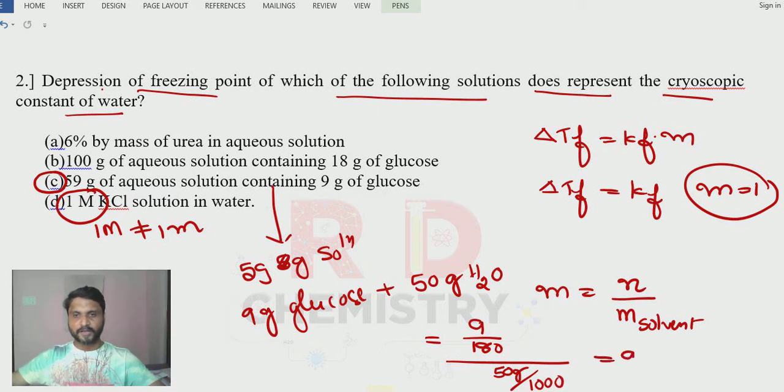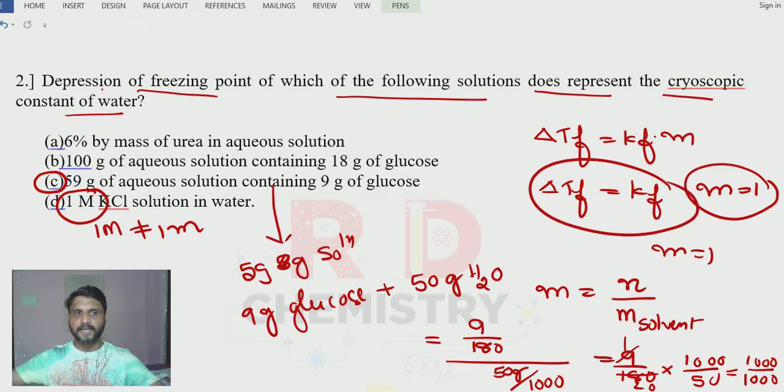So this is equal to 9 divided by 180 into 1000 divided by 50. Nine ones are 9, twos are 20, 20 into 50 is equal to 1000, and 1000 here also. Therefore molality is equal to 1. Correct? So when molality is equal to 1, delta Tf is equal to Kf. The answer is option number 3, right?